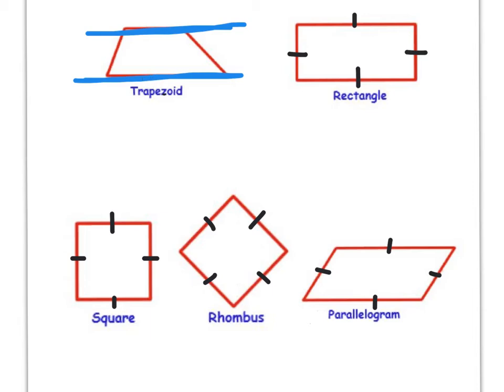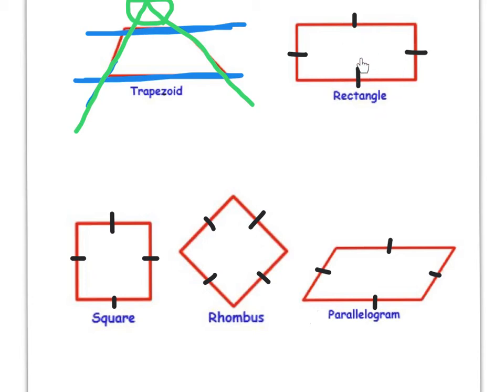But if I were to use a different color, and if I were to extend this side and this side, they will intersect with each other way up there. They cross over. So that is not a pair of parallel lines. So the trapezoid has no right angles, but one pair of parallel lines.